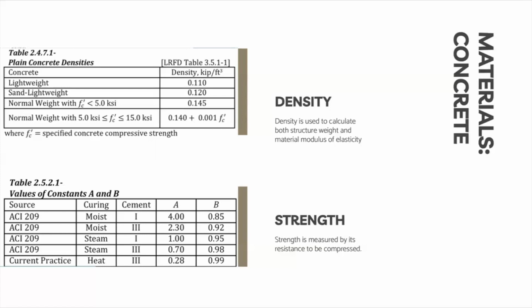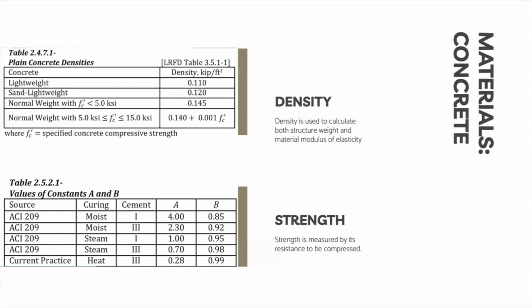Controlled density mixtures achieved by blending lightweight and normal weight aggregates enable the manipulation of concrete density to meet specific requirements such as beam weights for shipping or lifting limitations.